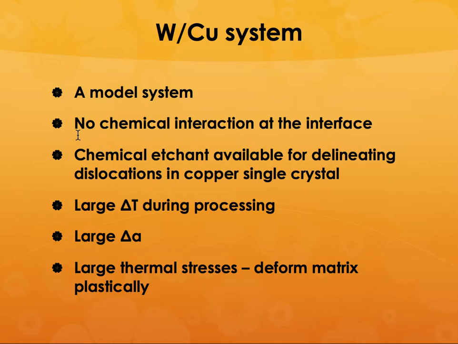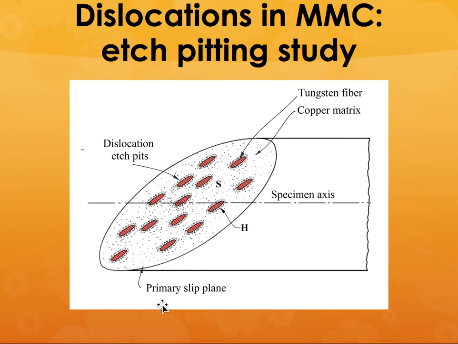So there is a large delta T during the processing, and therefore a large change in the expansion coefficients, and it can actually deform the matrix plastically. So you can actually have edge pits around the fibers.